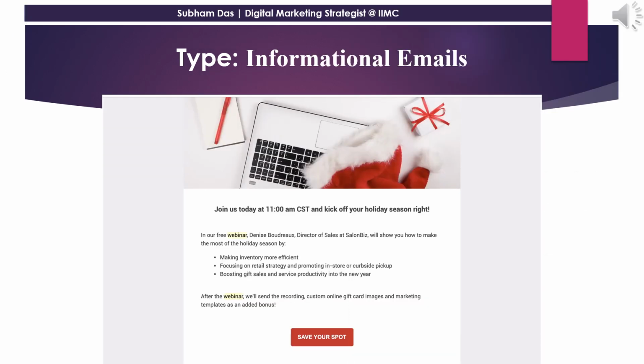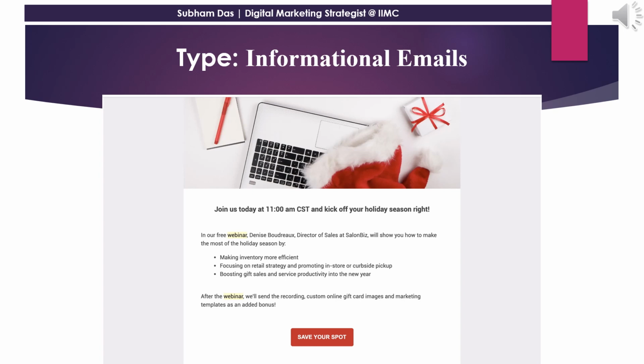The next type of emails that we are going to discuss are the informational emails. These are sent to slightly larger audiences and contain things like a product update or privacy policy update or upcoming events, or some partnership news.